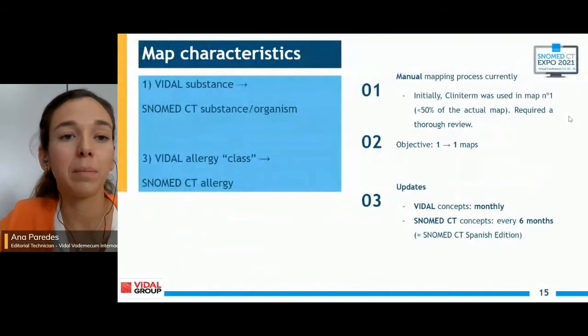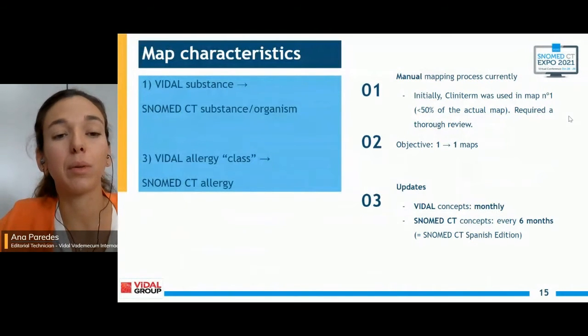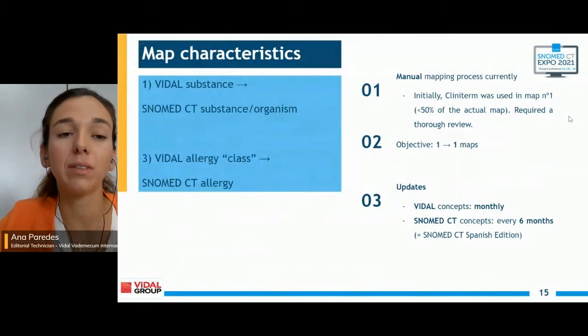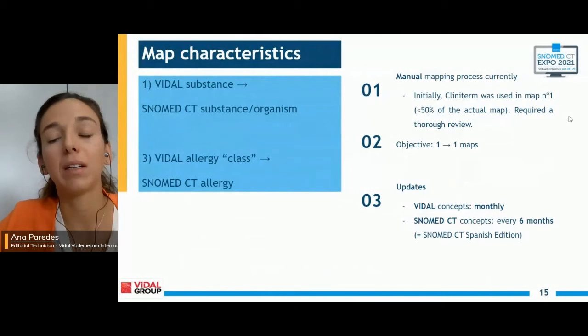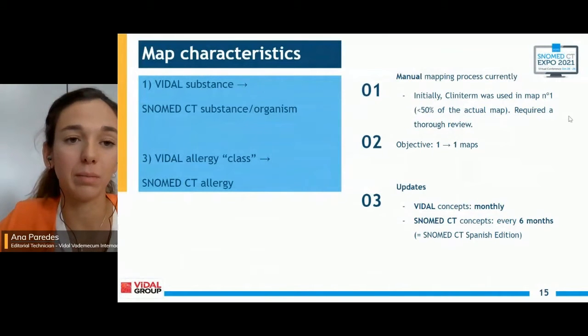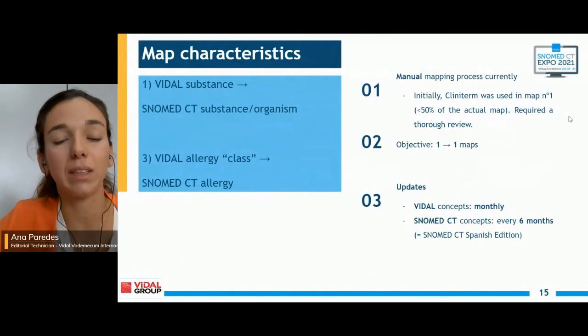The main characteristics of the first and the third map that we developed are the ones that are displayed here. First, they are both manually maintained right now, even though in the case of substance to substance map, it was initially made with a tool called Cliniter, but it required a thorough review, and so now it's maintained only manually.